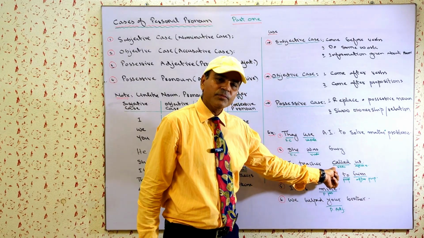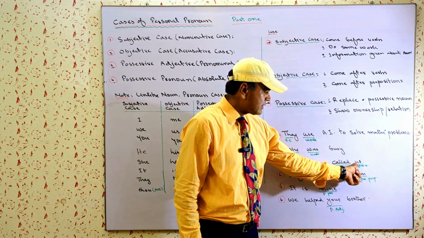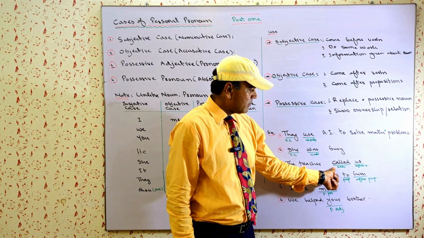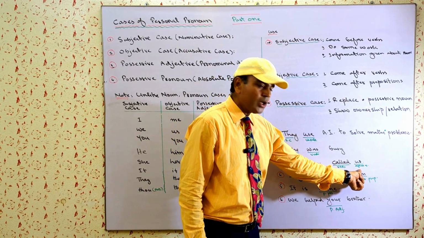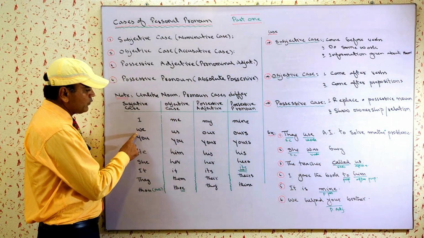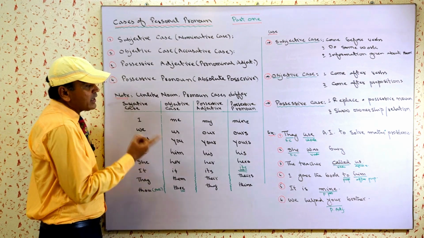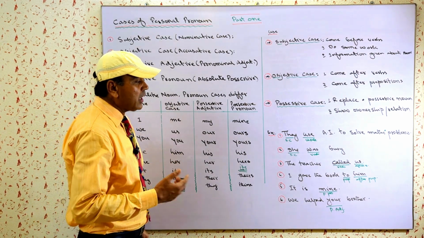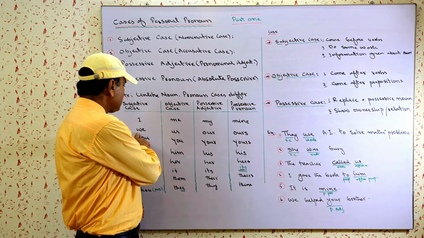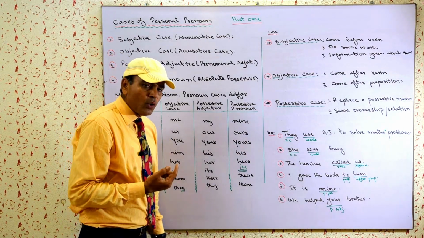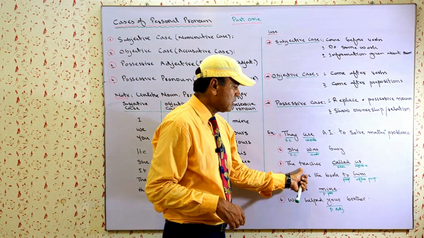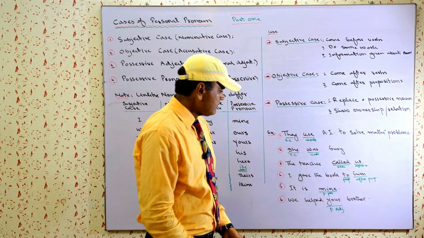Called is a verb, and we have used us because this pronoun comes after the verb, and this work is done on this pronoun. That's why we chose the objective case of we, not we. We can't say the teacher called we. That will be wrong, because when you are using a pronoun as object, you must use objective case. So the teacher called us.